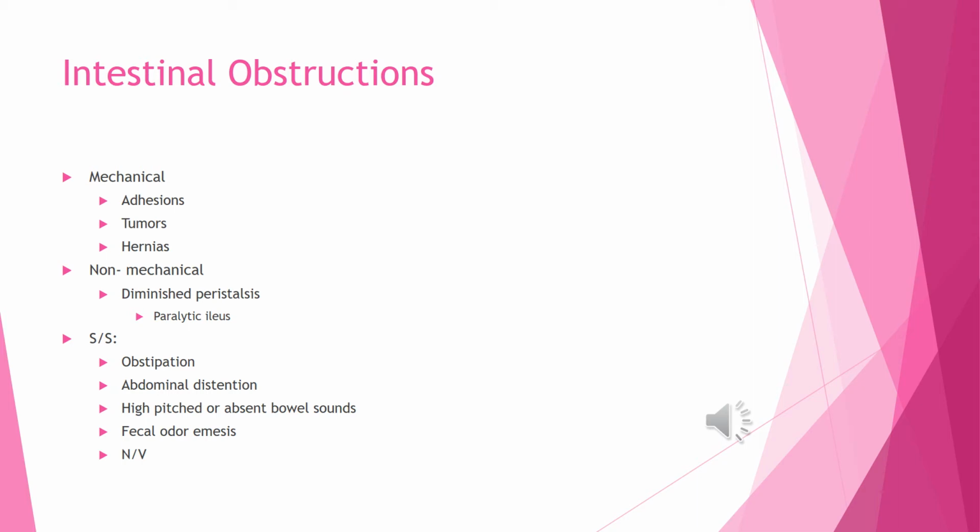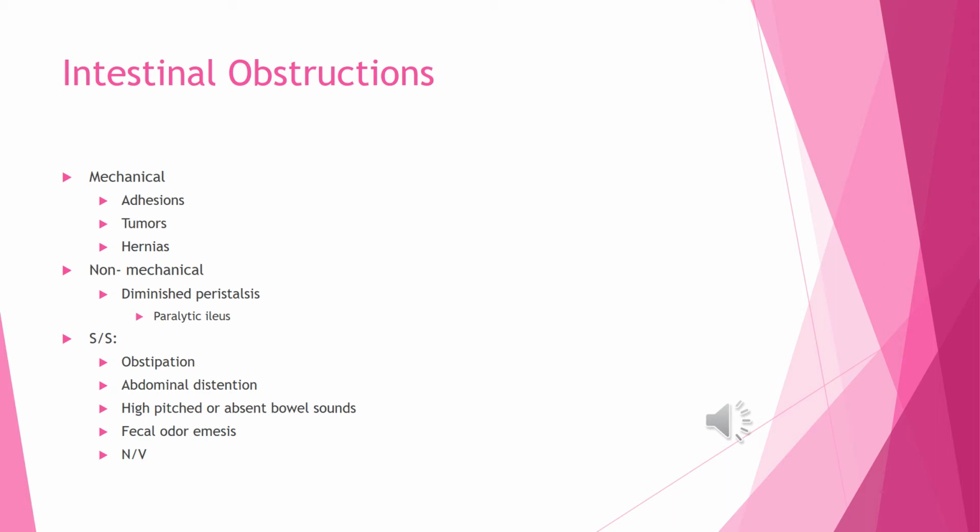Tumors, so if somebody has a large colon tumor, or perhaps they have a large tumor on their spleen. For example, one of our good friends had a benign tumor that was the size of a bowling ball, so that could be obstructing the intestine. And then hernias as well can do that.